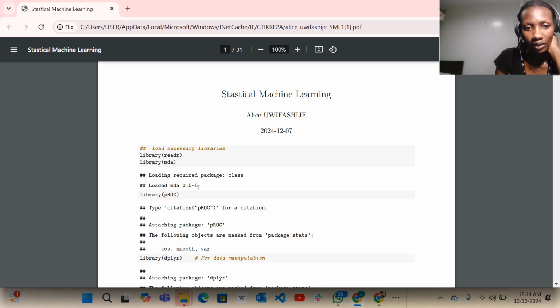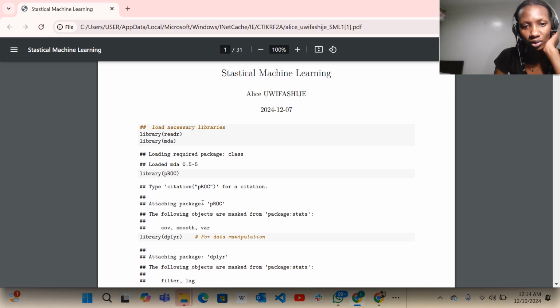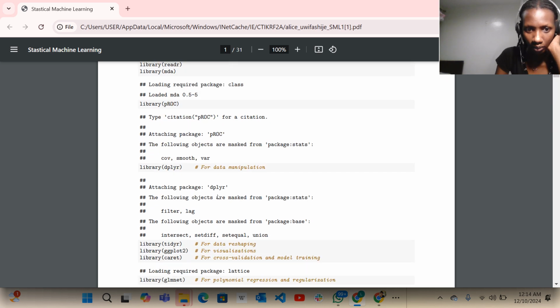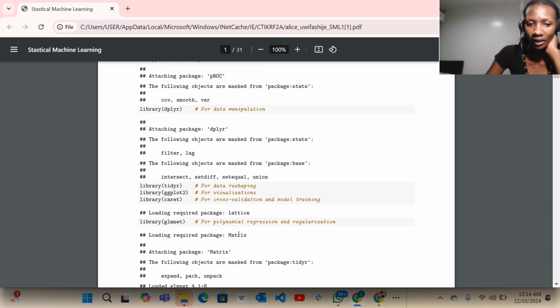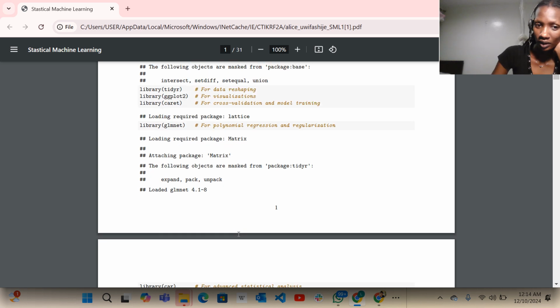The first thing we did here was to load the necessary libraries for dealing with this question. This question was about advanced statistical regression. We loaded the data, which was of size 225, as I said above.